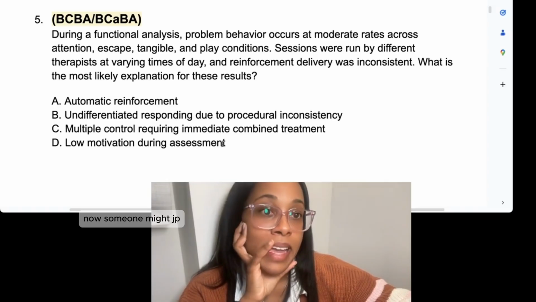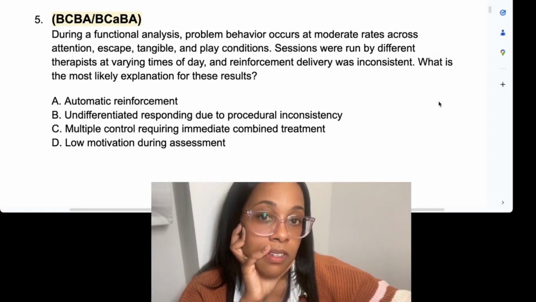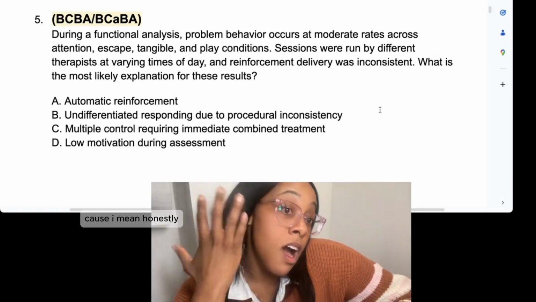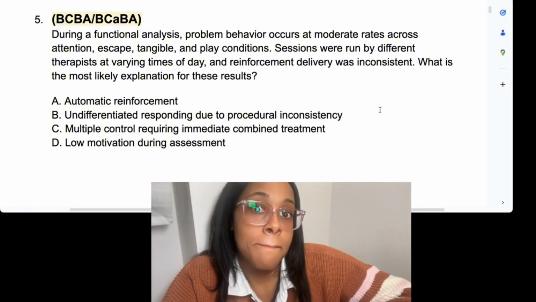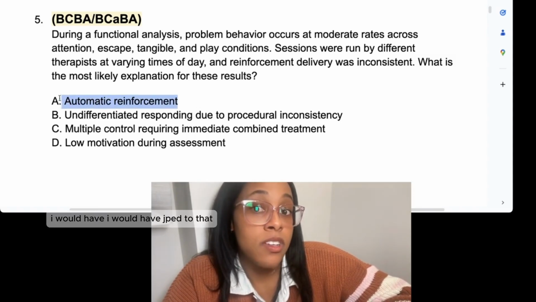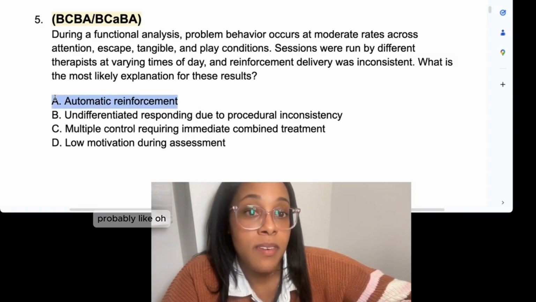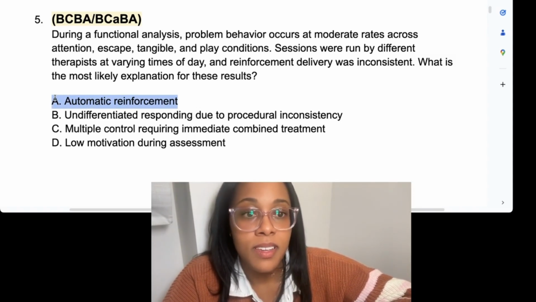Now, someone might jump. Because, I mean, honestly, when I'm thinking back to myself when I would take these exams, back in the day, I would have jumped to that probably. Like, oh, it's automatic reinforcement.